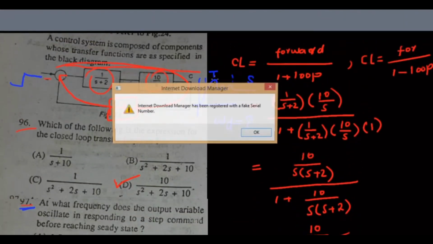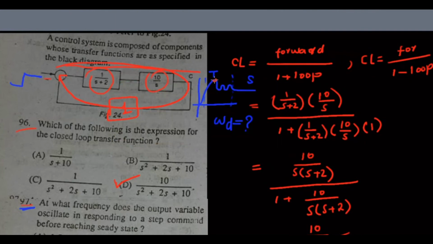In question 98, we have to find the peak, maximum percent overshoot. At this point, the peak overshoot occurs. So let's find the value of this point. The relation for peak overshoot is Mp is equal to e raised to the power minus zeta pi divided by square root of 1 minus zeta square.